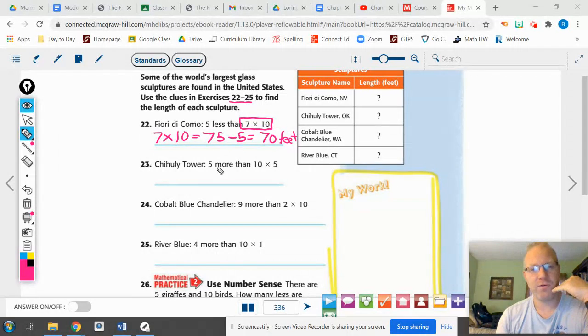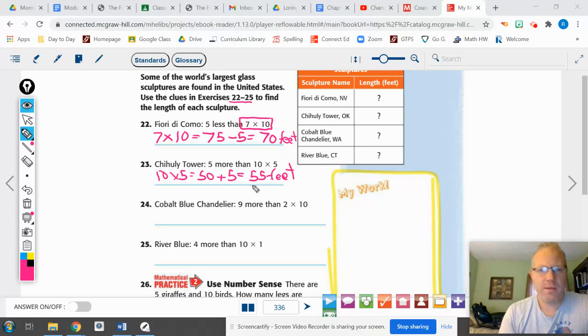Chihuly Tower, 5 more than 10 times 5. So we start with 10 times 5 equals 50. Then we're given 5 more, plus 5 equals 55 feet. Cobalt blue chandelier, 9 more than 2 times 10.